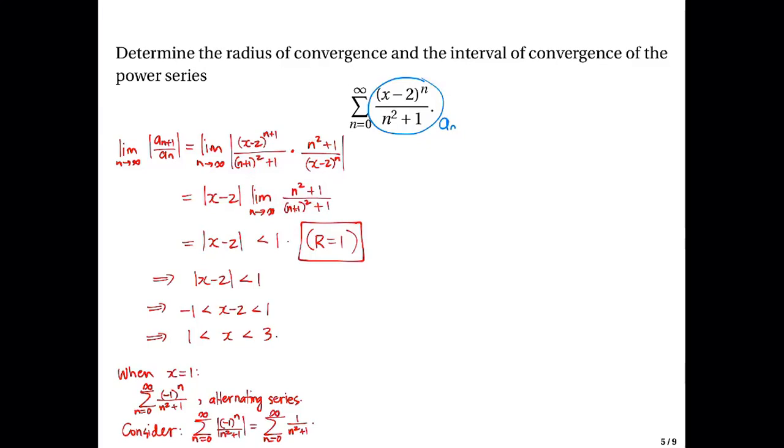And then from here, you can use your comparison test or your limit comparison test in order to determine the convergence of this series. Okay? Let's use the limit comparison test.